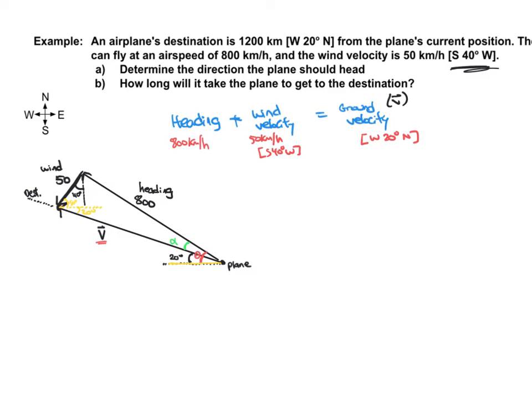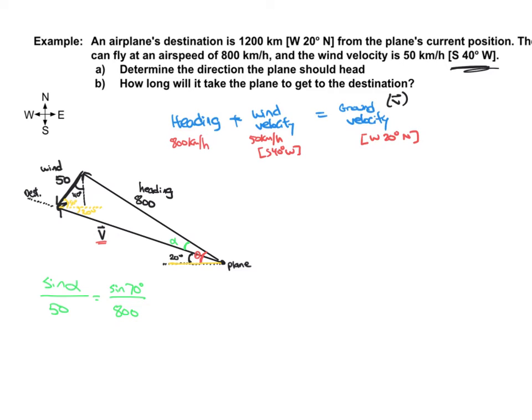I can use the sine law to get alpha. So it looks something like this: sine of alpha over 50 kilometers per hour equals sine of the 70 degrees over 800.